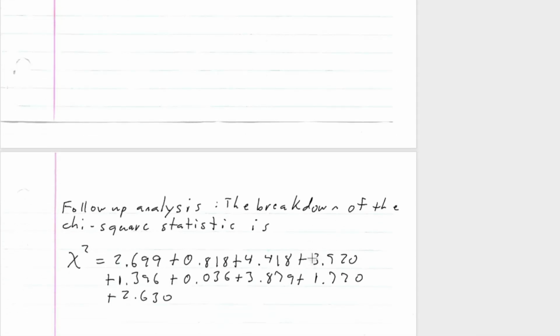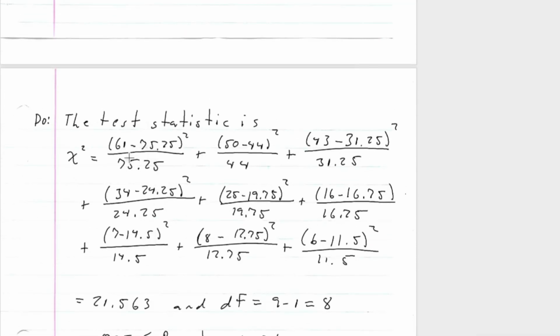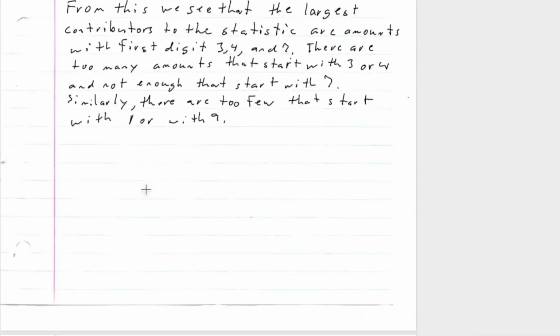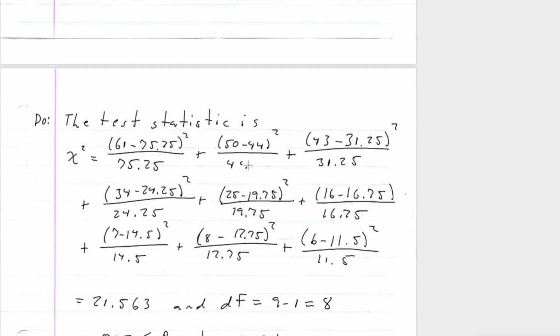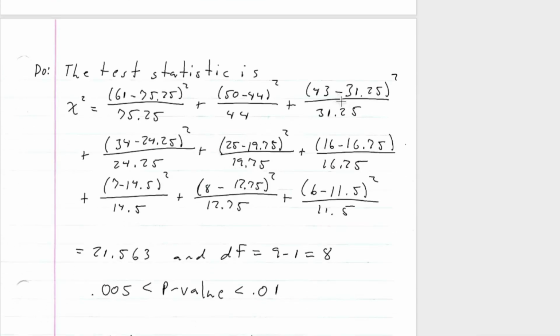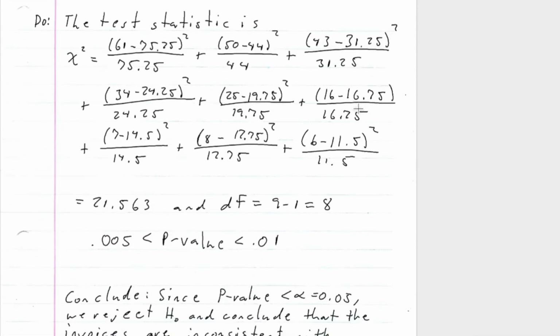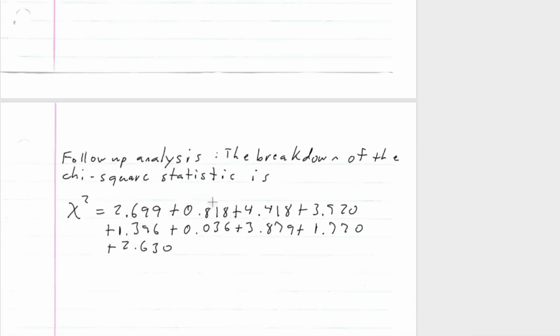And as you can see, the big discrepancy is the first digit being 1. There's a huge discrepancy there. 3 is another one, the first digit being 3. That's another big discrepancy. The 43 minus the expected, over the expected, gives us that big 4.418.